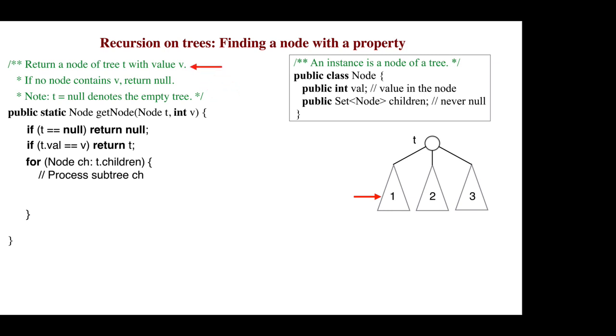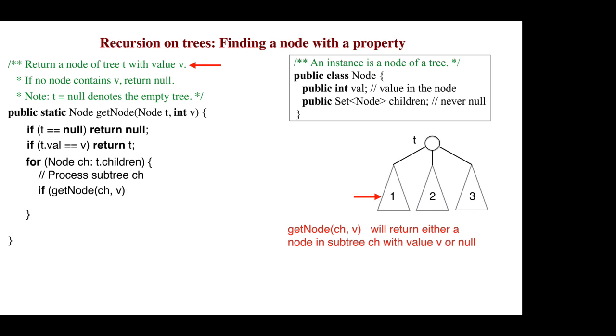The function specification says that if the function is called with ch as the first parameter, it will return the node within the subtree ch that has the value v, or null, if such a node doesn't exist. Therefore, the body of the loop is: if getNode(ch, v) is not null, return getNode(ch, v).